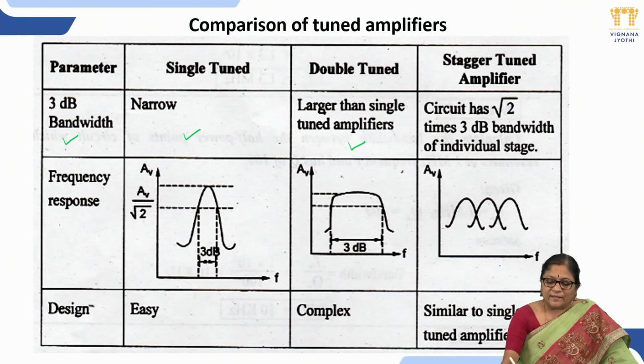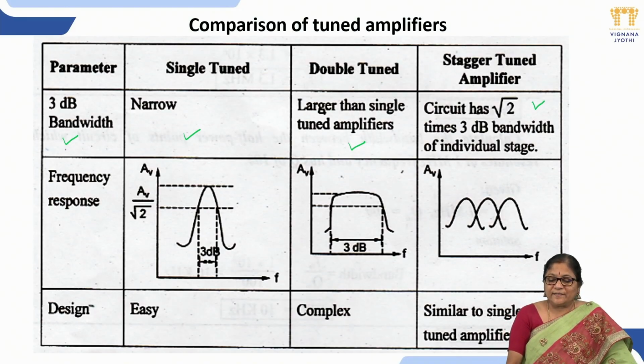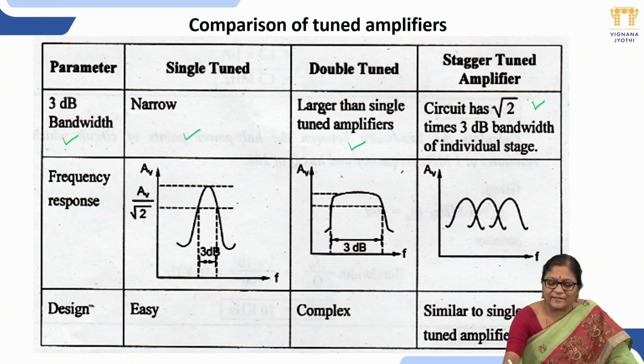Here, stagger tuned gives 2 times the 3 dB bandwidth of individual stages. So it also improves, but exactly how much improvement takes place? Suppose you add one more synchronous stage here, the synchronous bandwidth will get reduced.